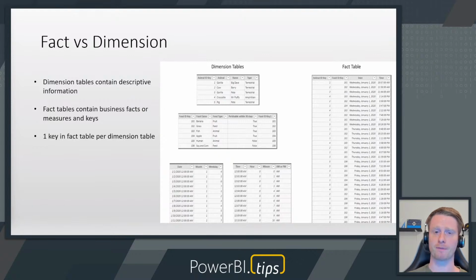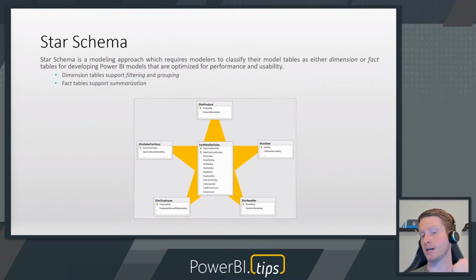So again, recap from last week, we went through what fact tables and dimension tables were. Our dimension tables contain descriptive information, whereas the fact table contains keys to these dimensions, as well as values and things to sum and add. We talked a bit about star schema, and this is that optimal view.